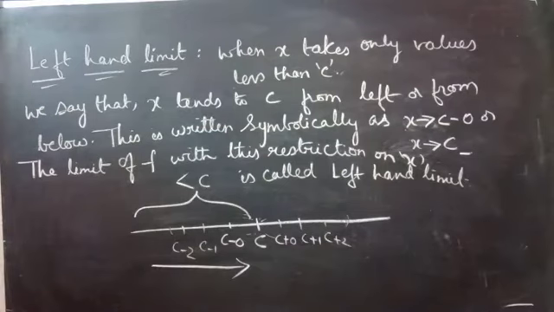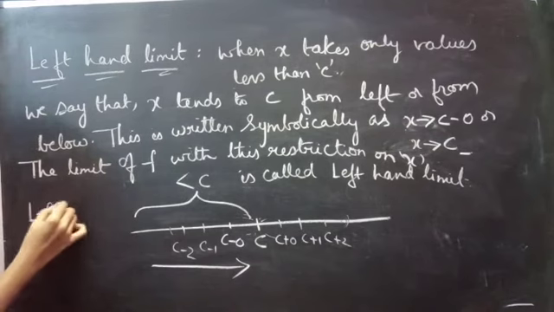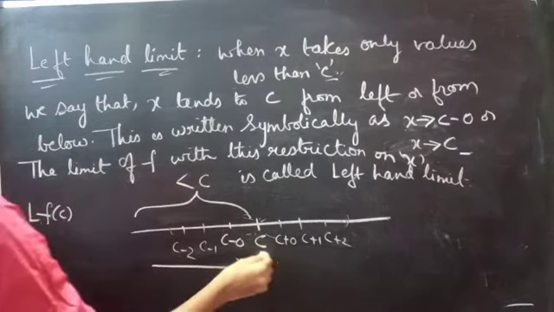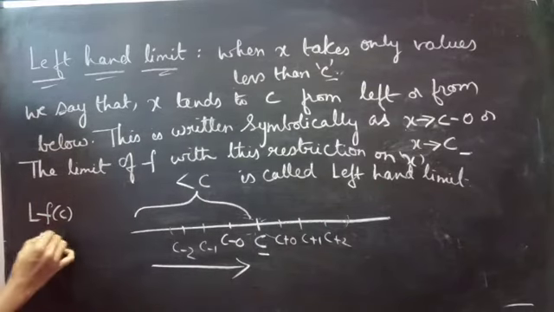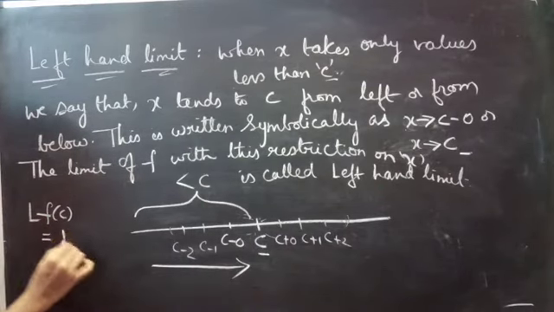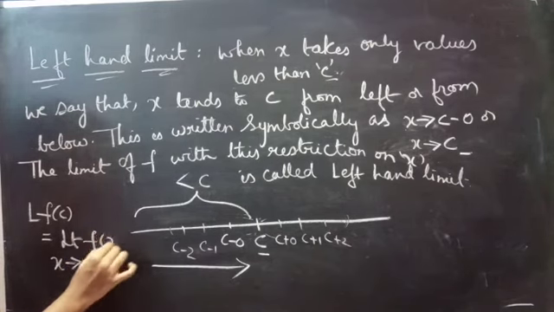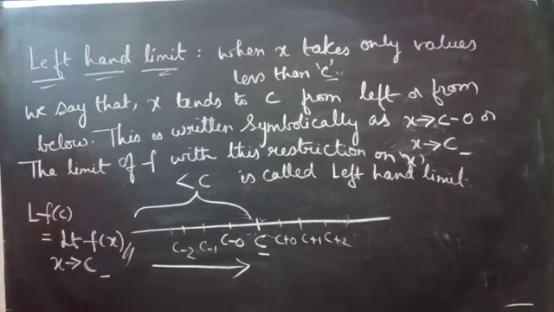Okay. So we can write it as L of f of c, since you have a given fixed number c, right? So I'm taking L of f of c equals limit x tends to c minus f of x. Okay. So this is your left hand limit.